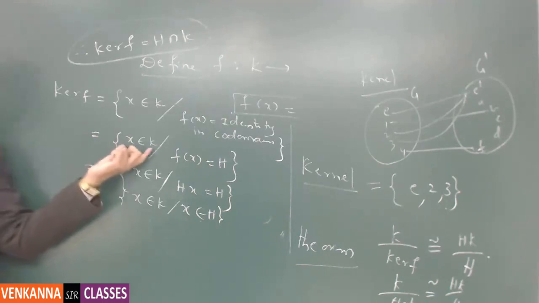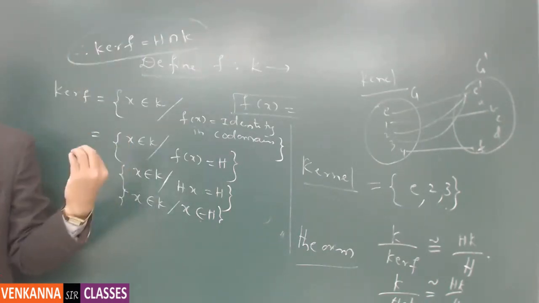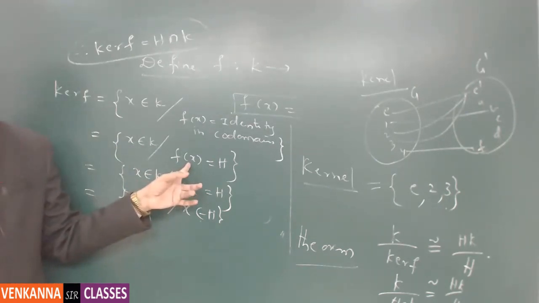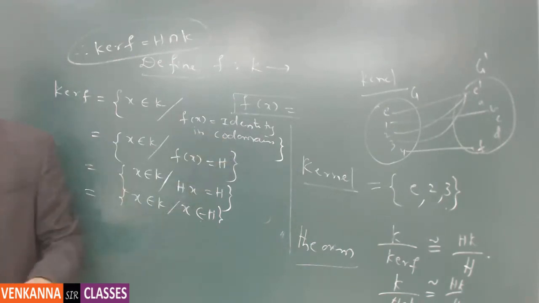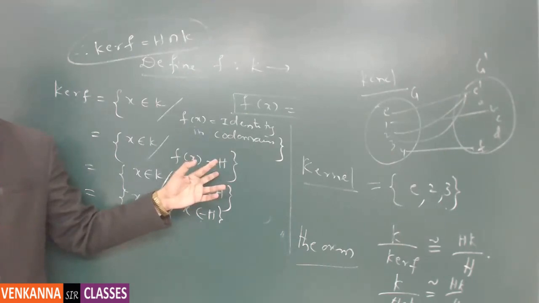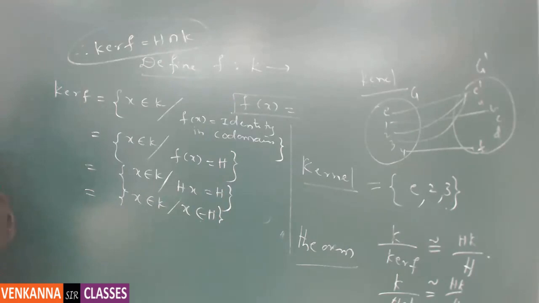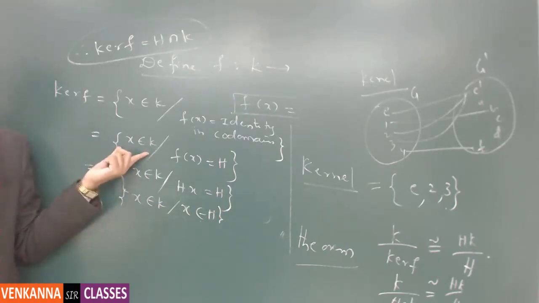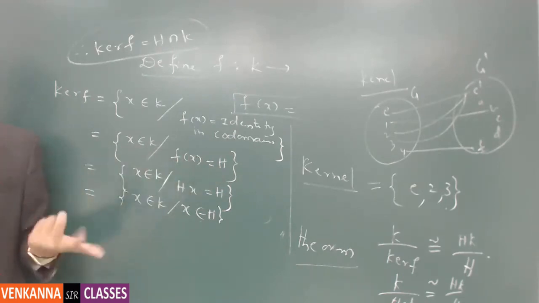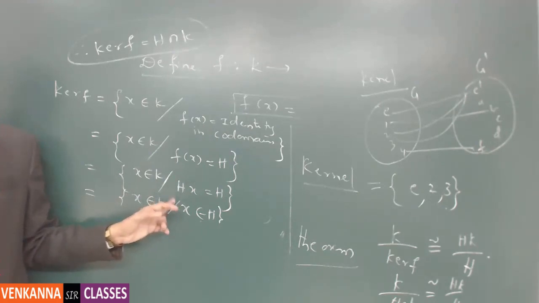So I am selecting in the whole set K what are the elements X present such that the image for X must be identity in the codomain. And here, what is identity element in the codomain? It is the set H. So I am checking for the elements X belongs to K such that f of X is equal to H. So as per F definition, f of X is nothing but Hx.